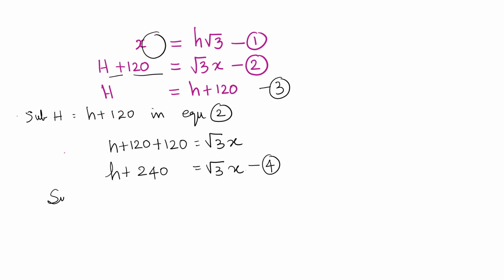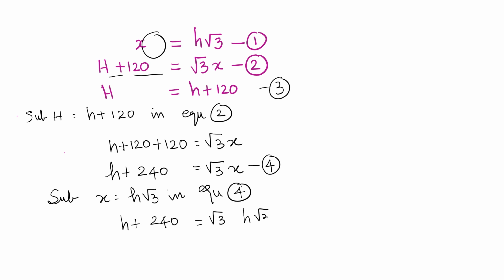Substitute X equals h root 3 in equation 4. So h plus 240 equals root 3 into h root 3. Root 3 into root 3 is 3, so 3h.